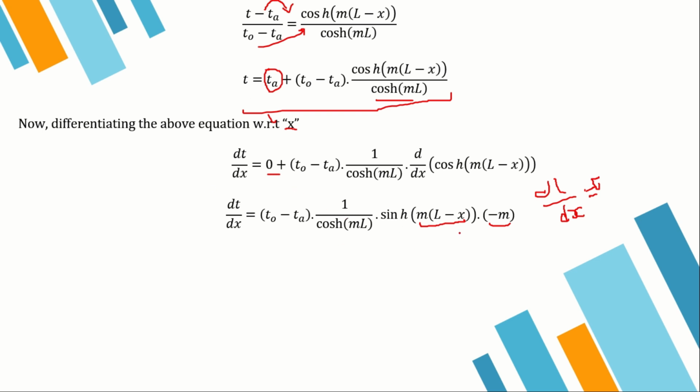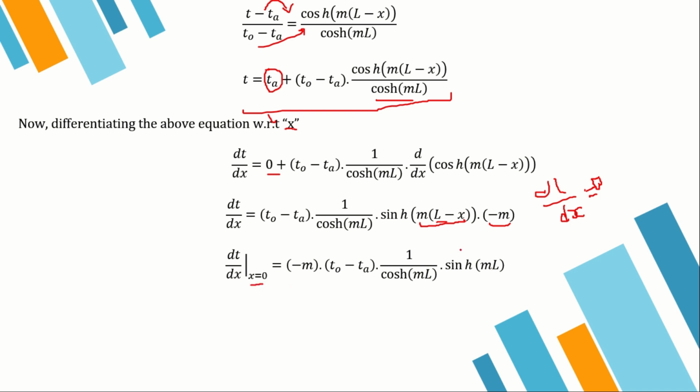As we know that the fin length is fixed, so the differentiation would be equal to 0. So on rearranging we can find that dT by dx is minus m (T naught minus Ta) divided by cos hyperbolic ml, times sine hyperbolic m(L minus x).